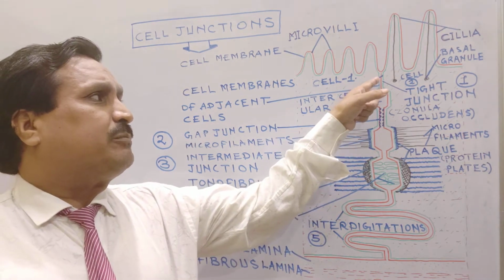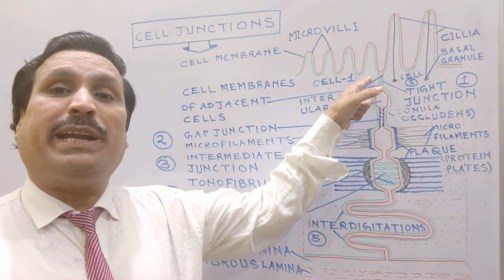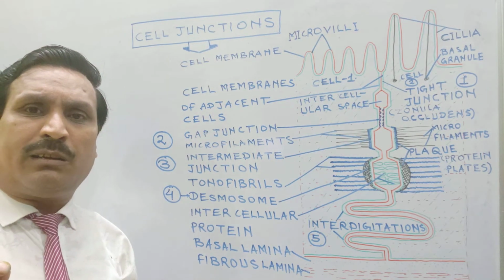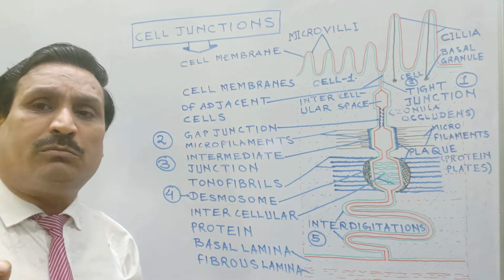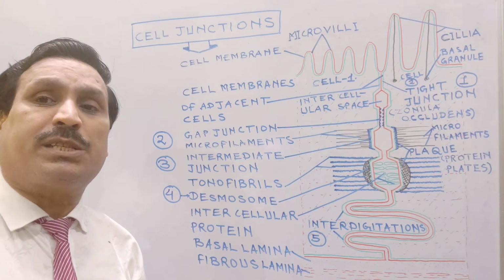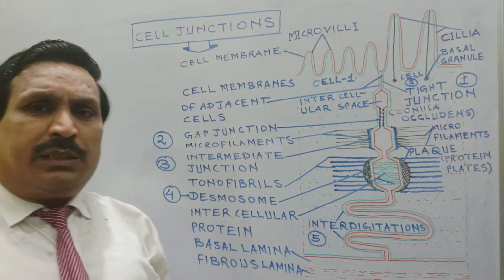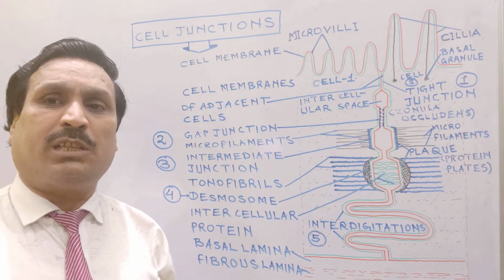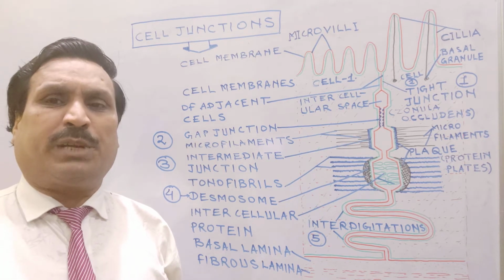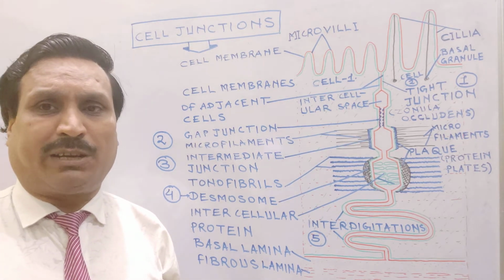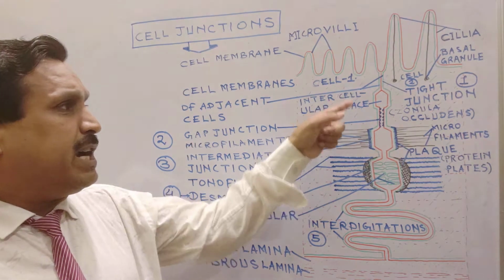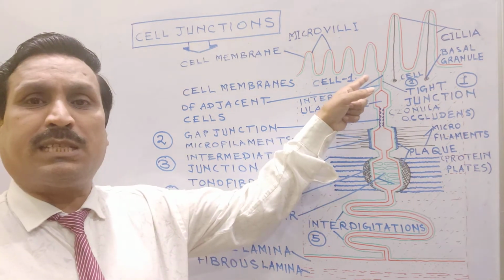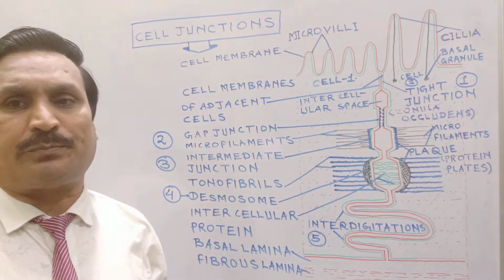This tight junction is meant for preventing leakage of any type of particle from between the adjacent cells. This type of junction is present between brush border epithelial cells. Brush border epithelium is present in the ileum part of the small intestine, and between brush border cells, this tight junction is present.